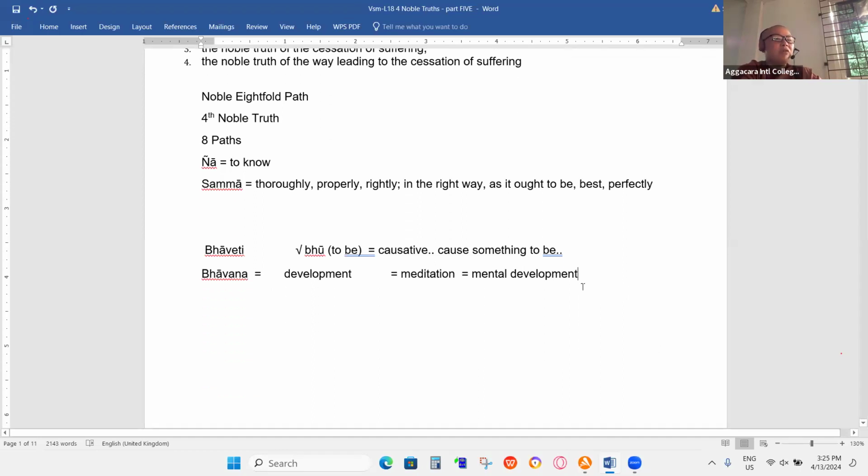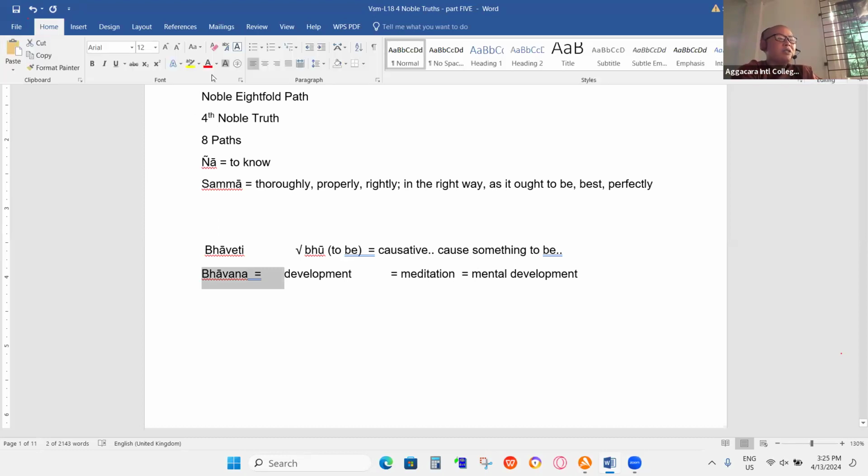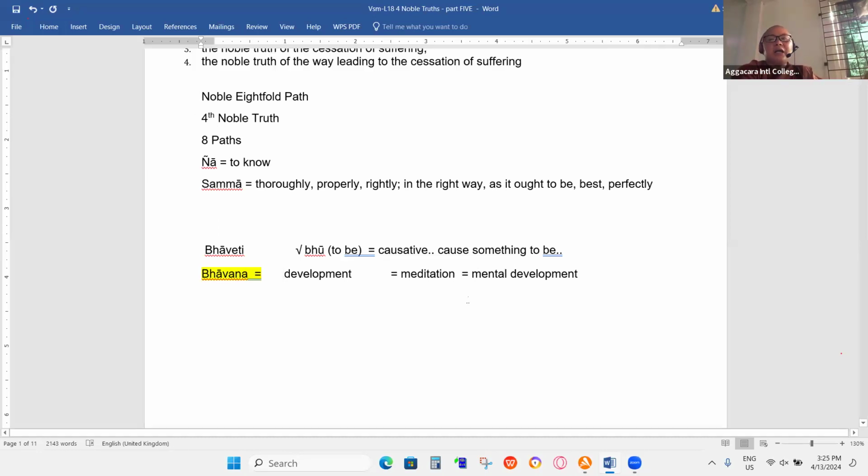So if you understand it like this, the right effort means there are two types of right effort, one wholesome, one unwholesome. The unwholesome one, you should reduce it and stop it. The wholesome one, you should cultivate and develop to completion. That's the meaning of bhavana in Pali. This is a very important word. Once you understand it, you don't get confused whether someone says you should practice jhana, or another person says you should practice abdomen rising and falling, or another says you should do this and that.